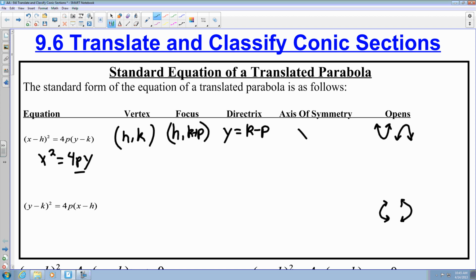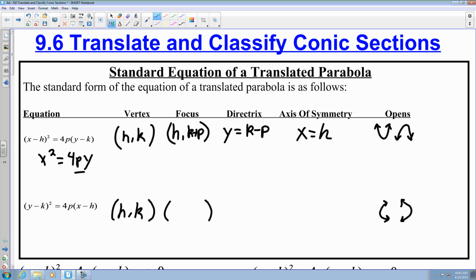Now this one's going to be x equals h, whatever the axis of symmetry is. And then dealing with our second equation, our vertex is again going to be h comma k, whatever that translation is.